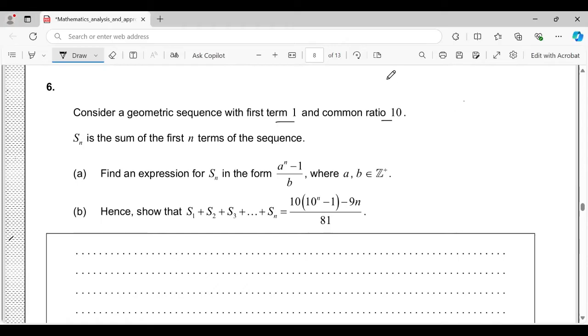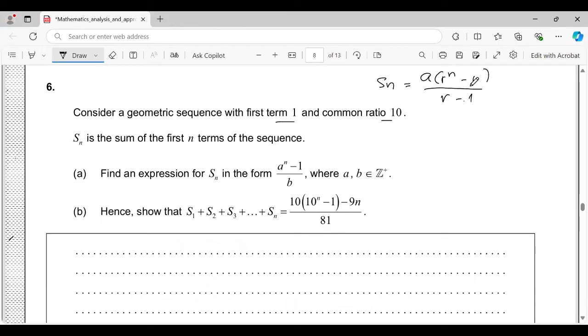So Sn, the formula is a multiplied by r to the power n minus 1, over r minus 1. This is the formula for the sum of the first n terms of a geometric sequence.